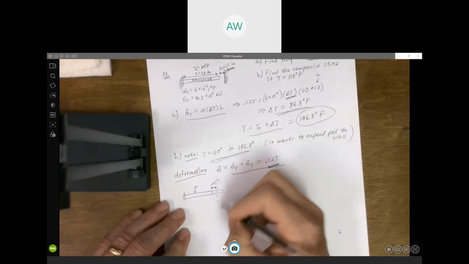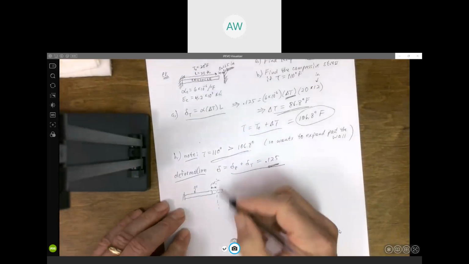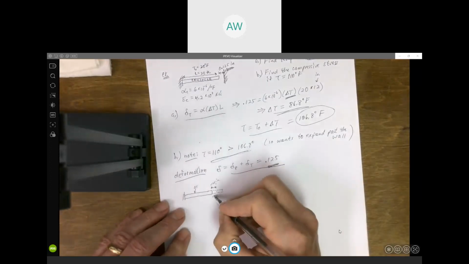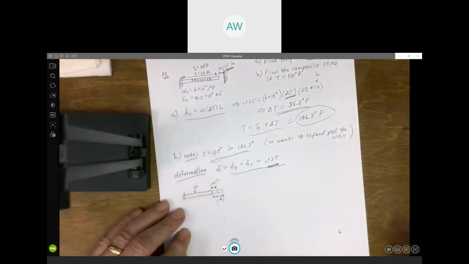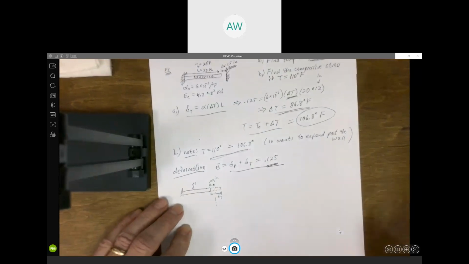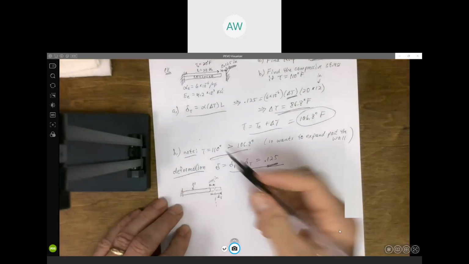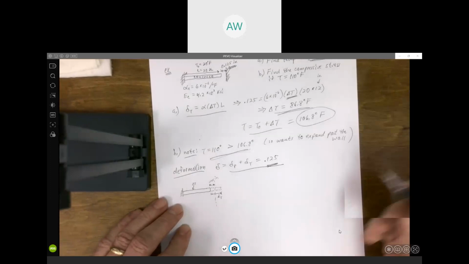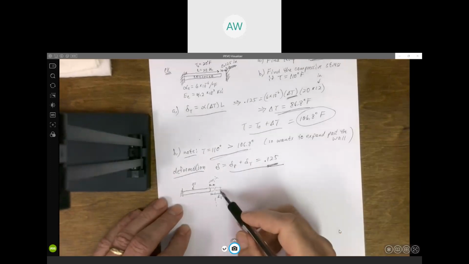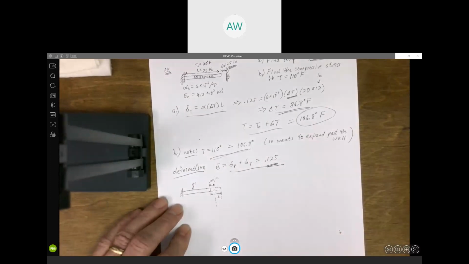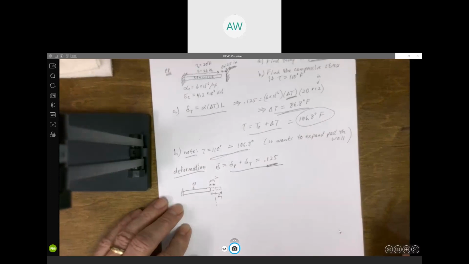This would be where the wall would be. This thing would expand out some distance, alpha delta T L, and since 110 is bigger than 106.8, it would go past the wall. It would go further than 0.125 inches.